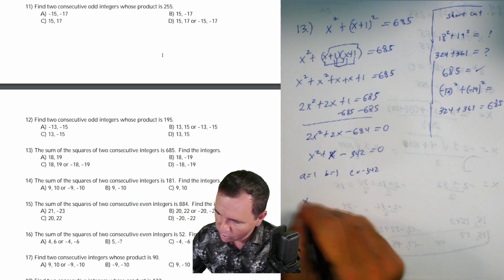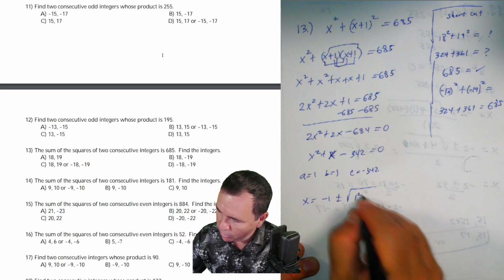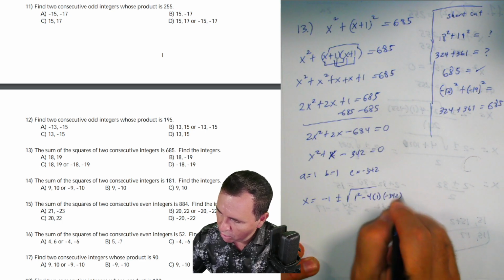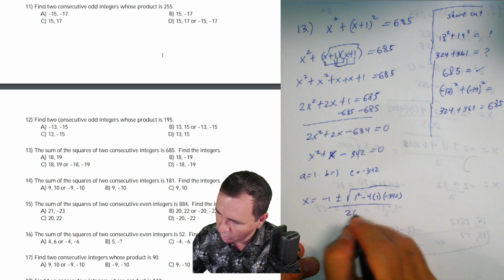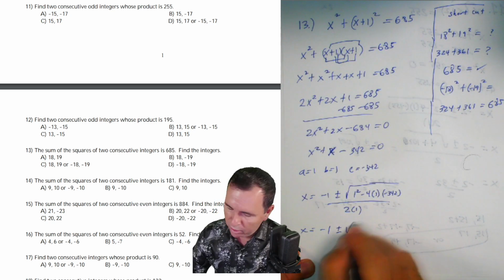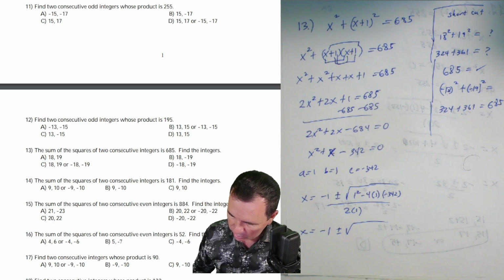So that means x is equal to negative b plus or minus the square root of b squared minus 4 times a times c all over 2a. So x is equal to negative 1 plus or minus, and this becomes 342 times 4, 1368.